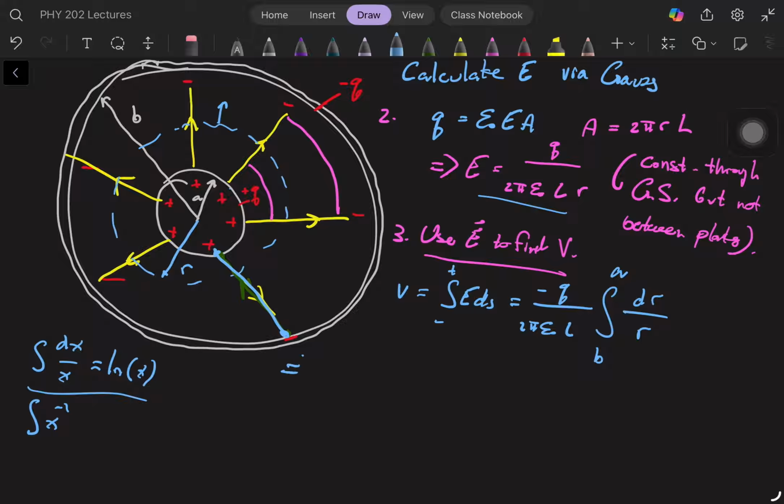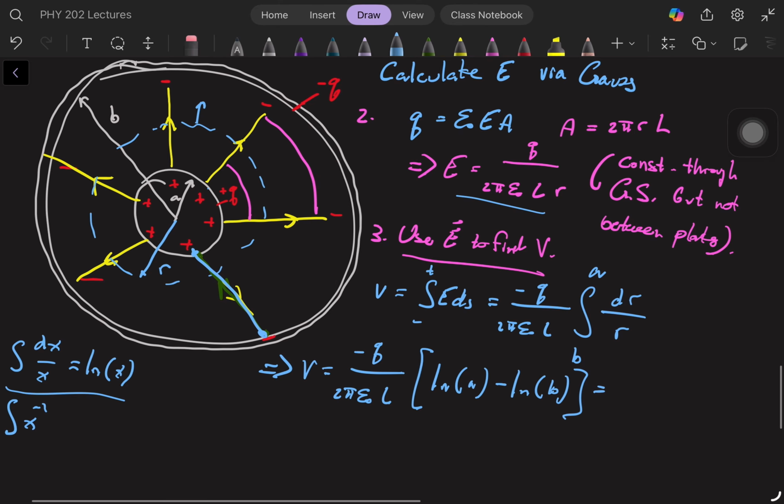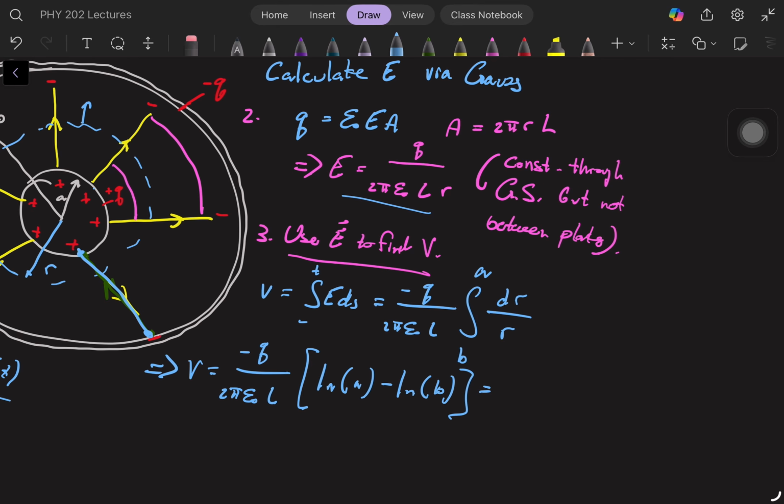Okay, and so then we get V is equal to negative Q over 2 pi epsilon naught L times the natural log of A minus the natural log of B, which since we're subtracting natural logs, we can put them in the log and divide.